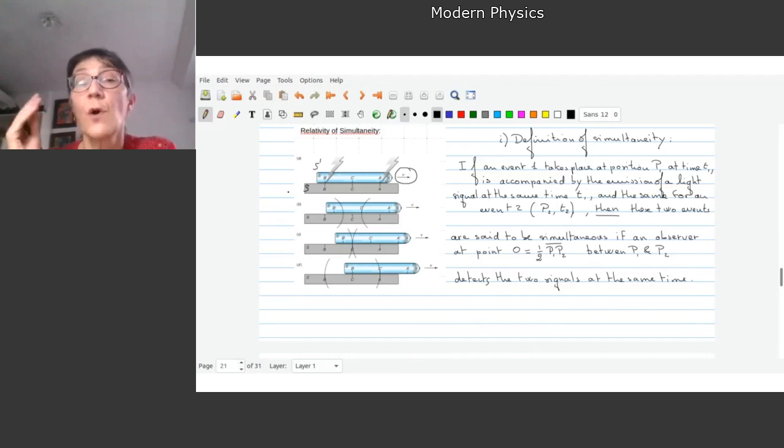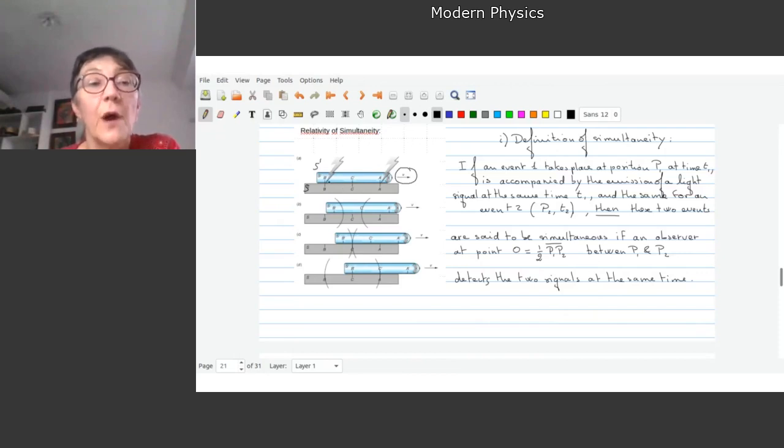So there is no fixed reference frame. If you are an observer here on the platform, you say this is the reference frame where you are at rest, and this is another one, S prime, going at a velocity v in relation to S.